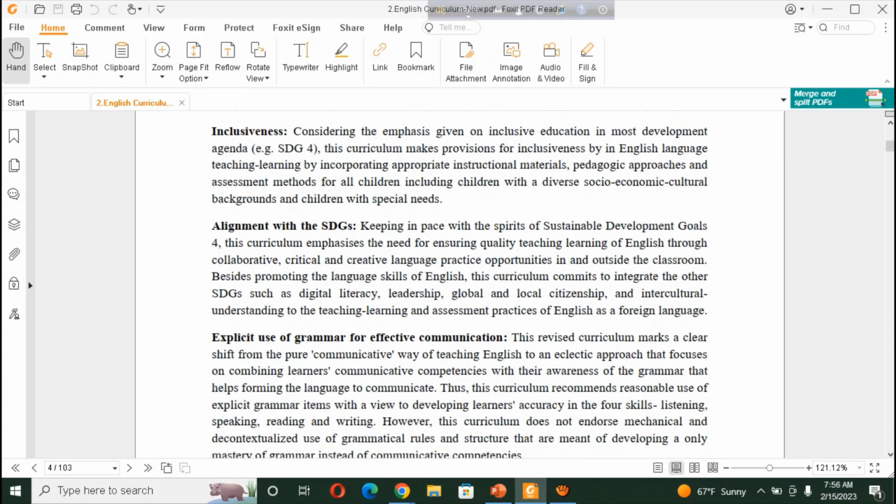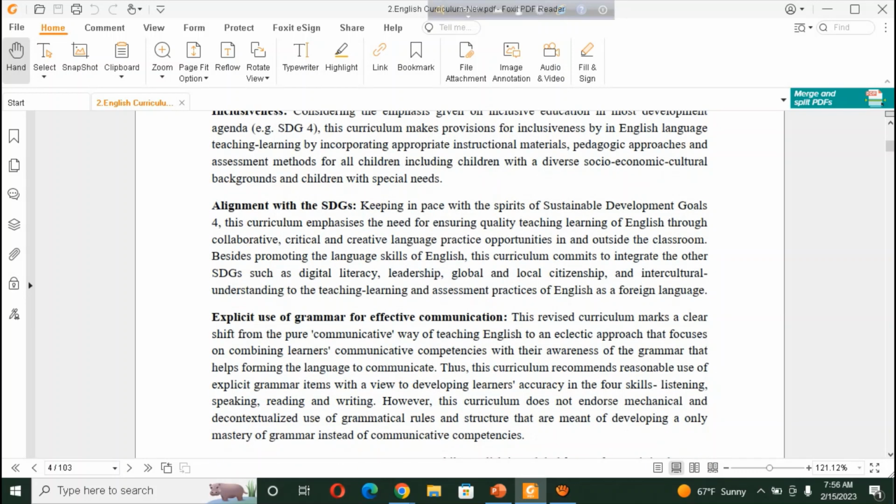Secondly, alignment with the SDG, Sustainable Development Goals. This curriculum emphasizes the need for ensuring quality teaching learning activities. Here we also mention quality teaching learning of English through collaborative, critical and creative language practice opportunities in and outside the classroom.